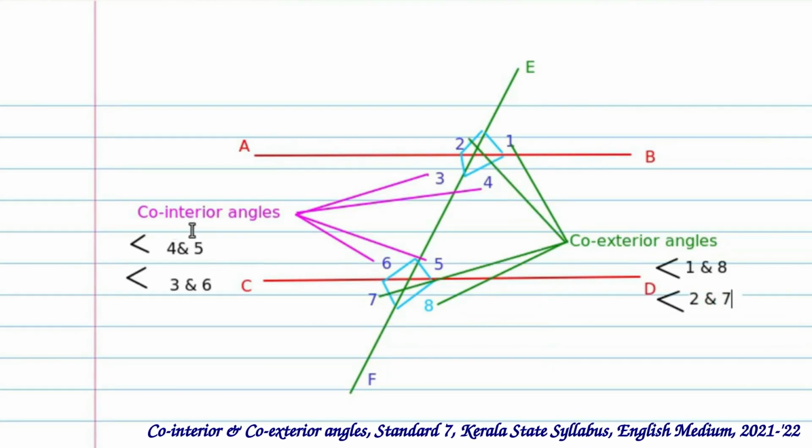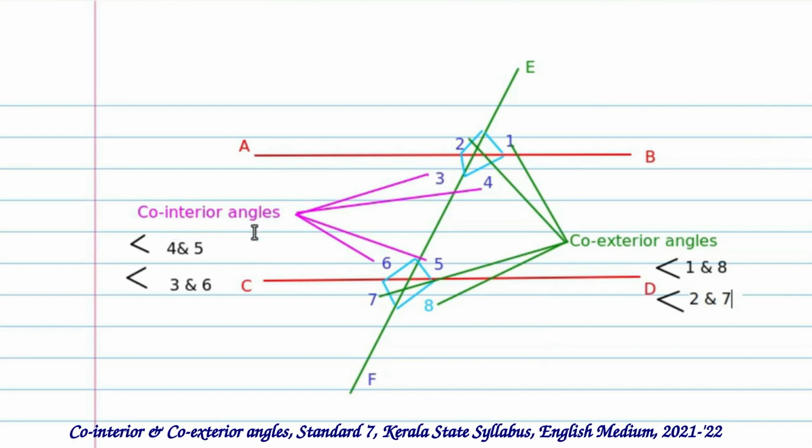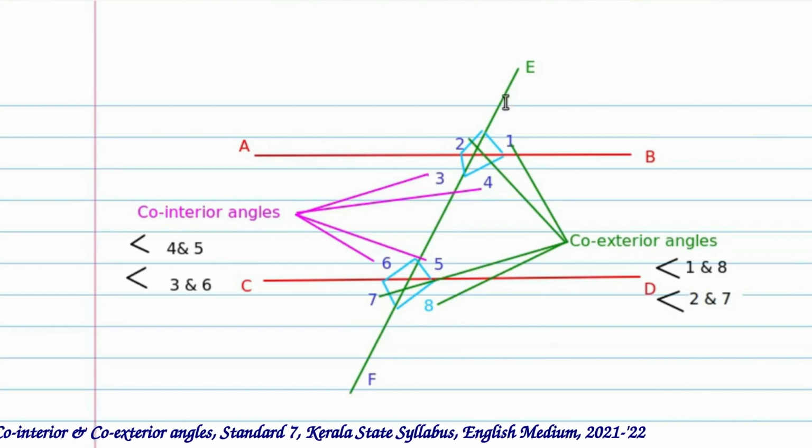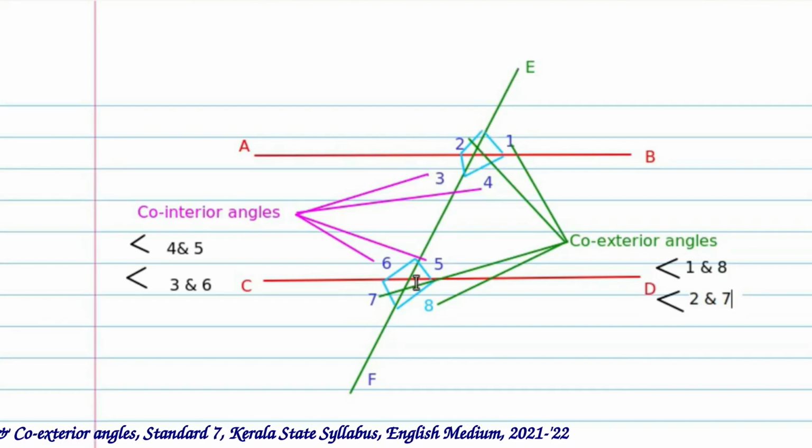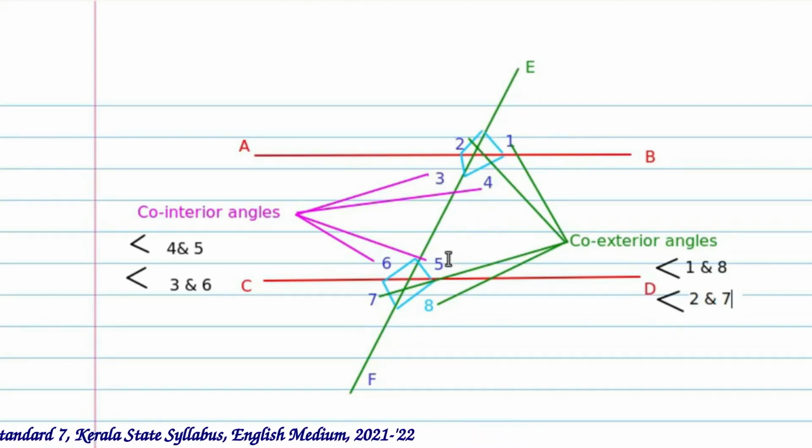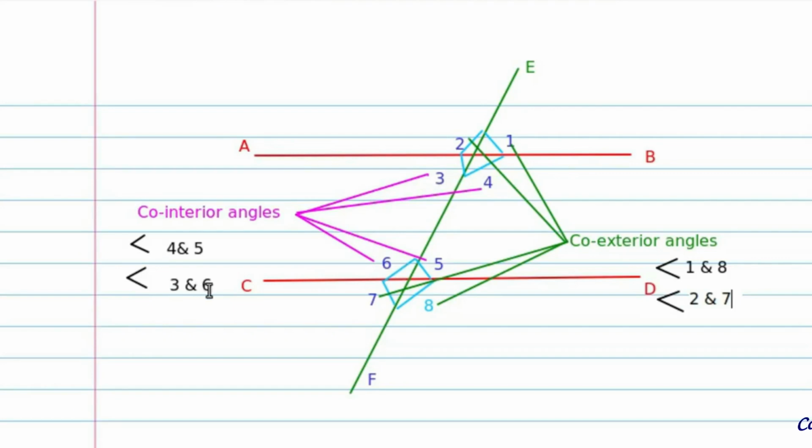So look at these co-interior angles. Here it is interior angles. This one, on the right side of this transversal line, you can see angles 4 and 5. So co-interior angles, angle 4 and 5. And on the left side you can see co-interior angles, angles 3 and 6.